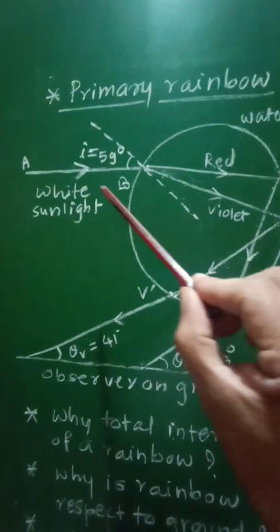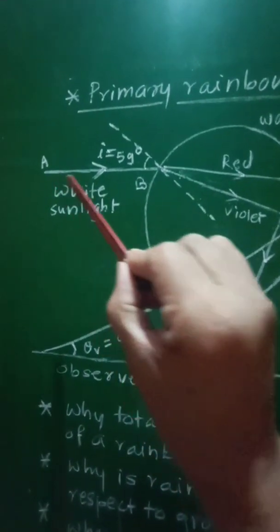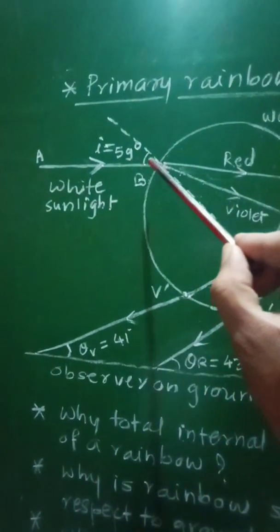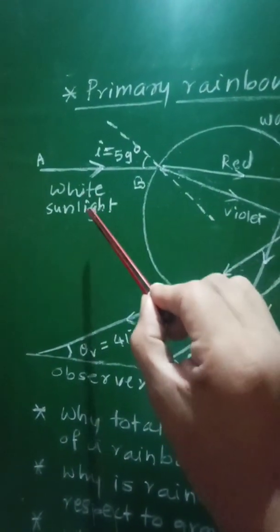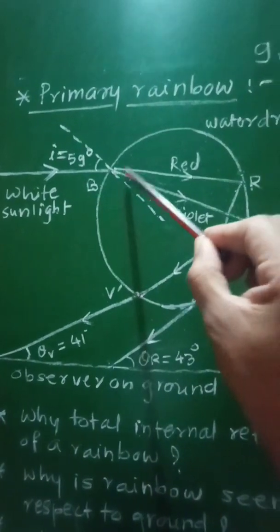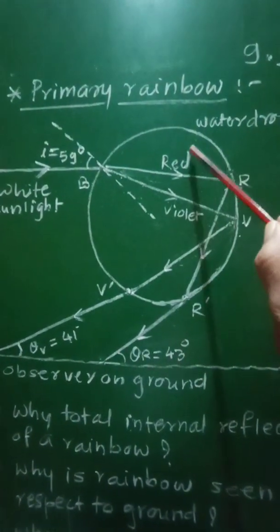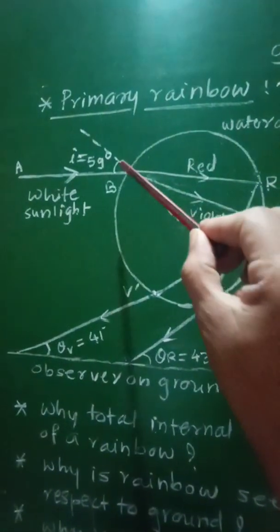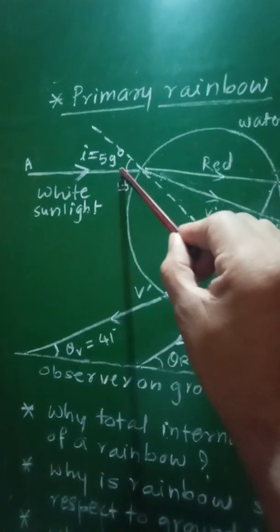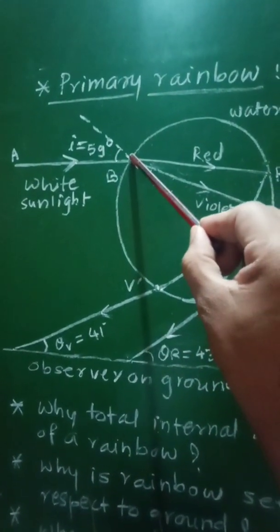For that purpose, let us consider a white ray of light AB coming from the sun, that is white sunlight, incident on the upper portion of this water drop at an angle of incidence i equal to 59 degrees.